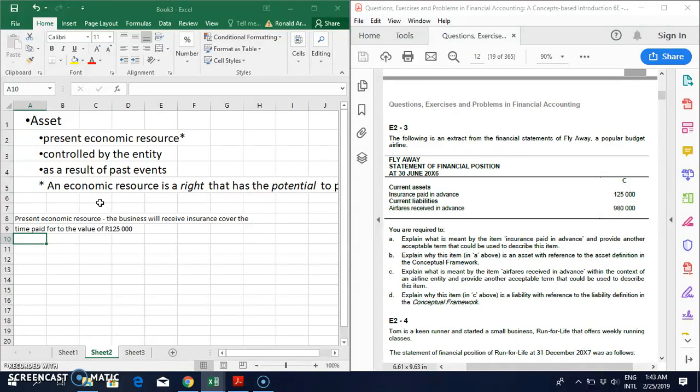So for control, you will get the rewards or benefits of the insurance service. Also, if the insurance company no longer exists, you might lose your money. So there is risk involved in losing the benefit.